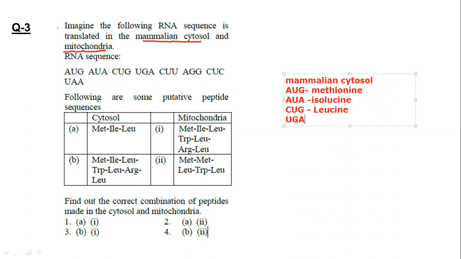So UGA here is the stop codon. Now that is for mammalian cytosol.